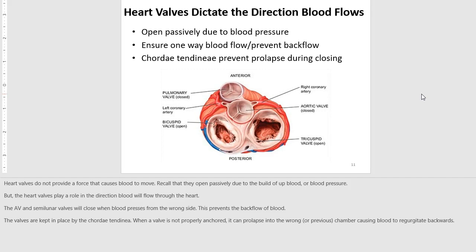That prevents backflow. I like this picture that's showing a superior view of the heart and the heart valves. This is the bicuspid valve, so that would be our left side, and this is the tricuspid valve, and that would be on the right side.